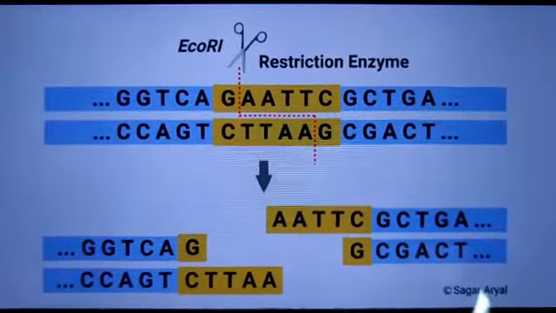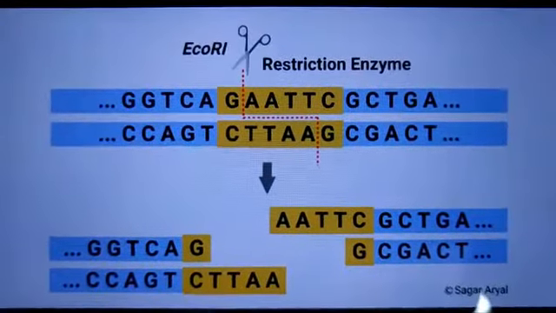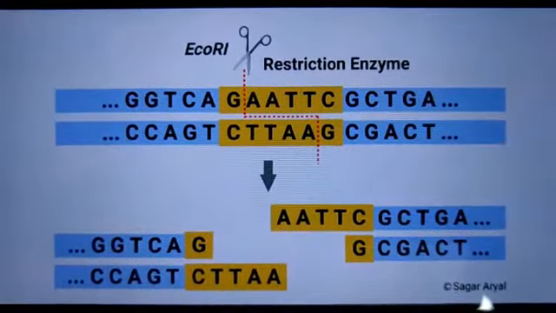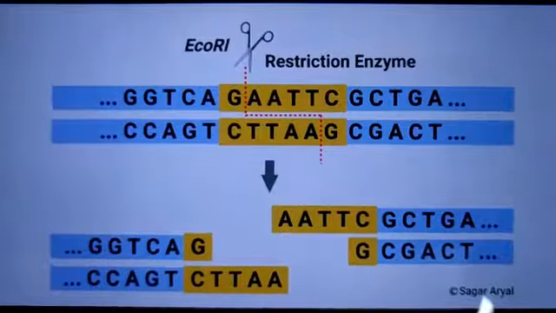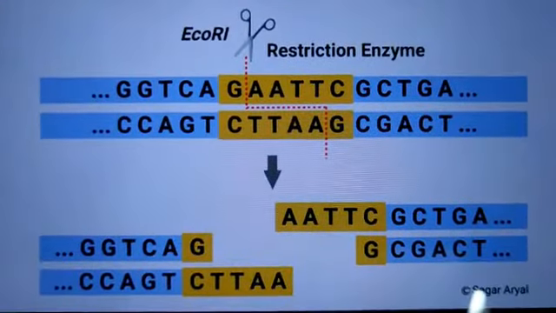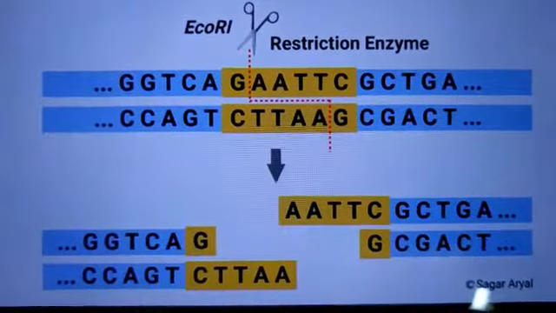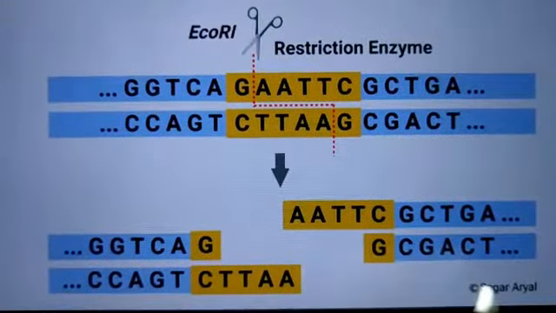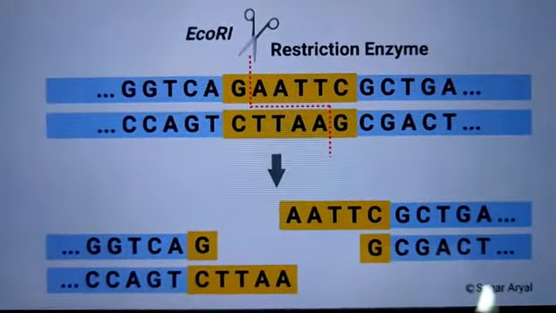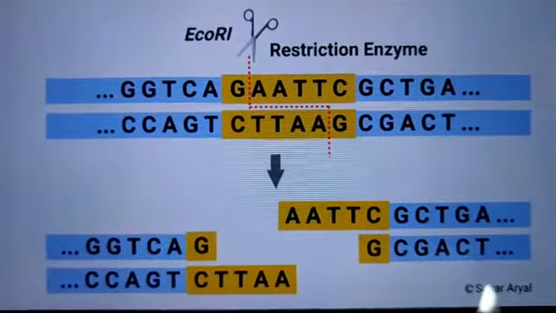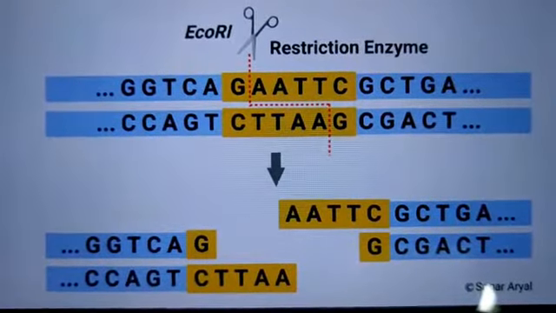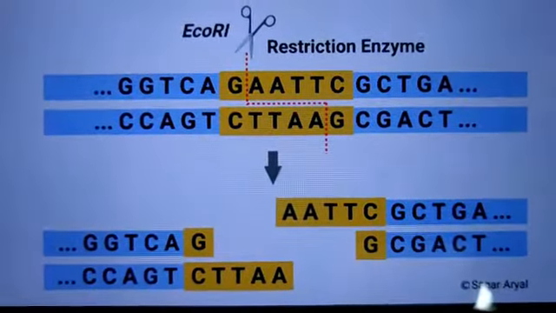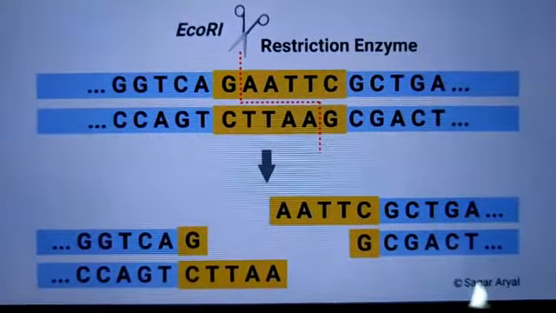When any bacteriophages or invading microorganisms attack the bacteria, the enzyme chops up the nucleic acid, that is the DNA of the foreign body, and protects the bacteria from this infectious agent. So it acts as a defense mechanism in some bacteria, called the restriction modification system.